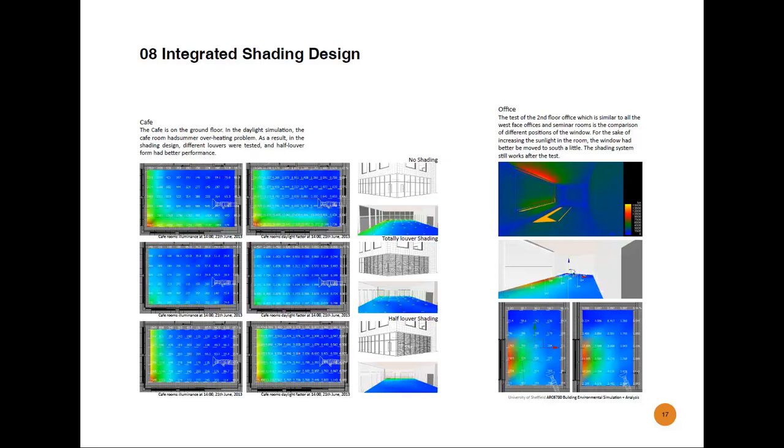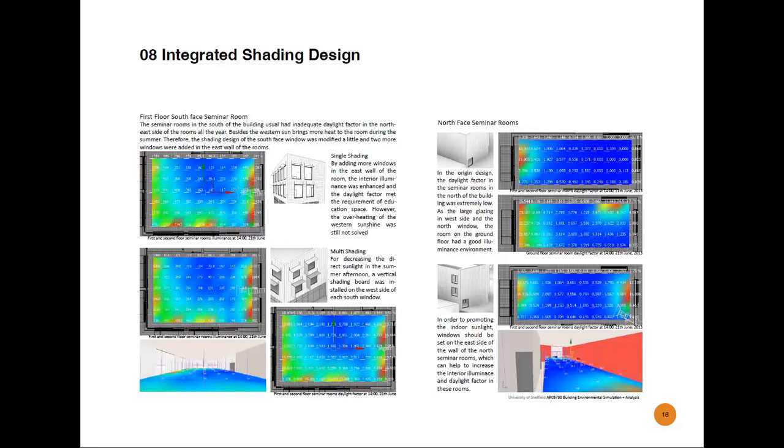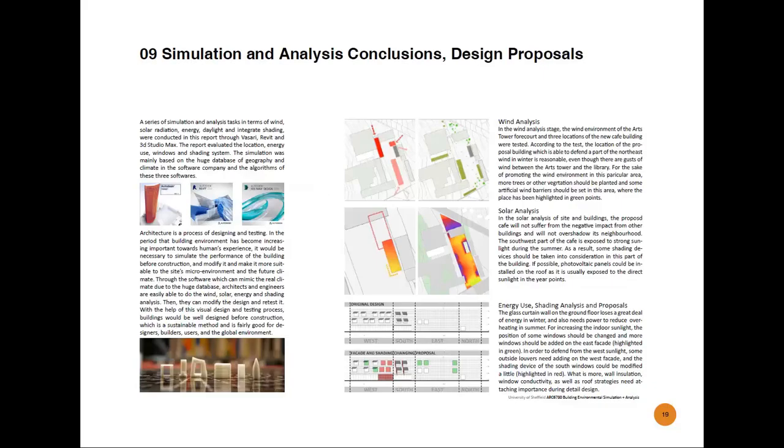And then this student, he was very keen to use 3D Studio Max, so he then used the 3D Studio Max daylight simulation tools to analyze these particular rooms. And then again we have the overall conclusions for the design.